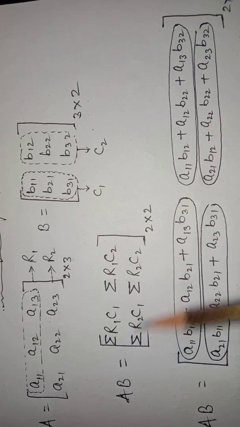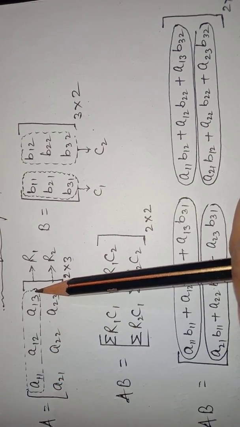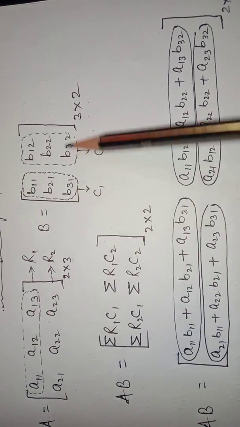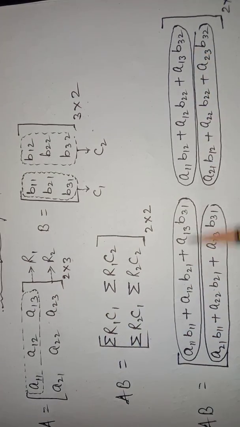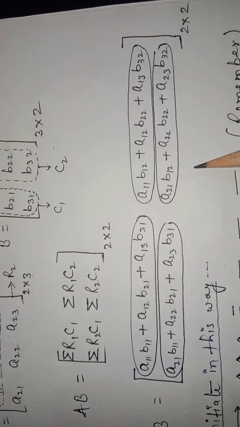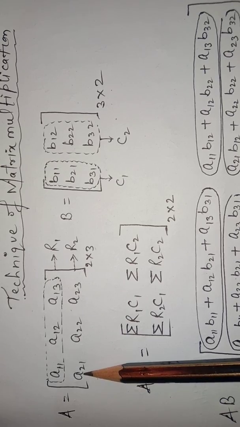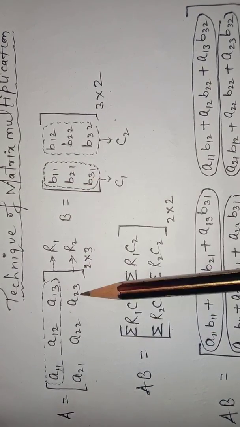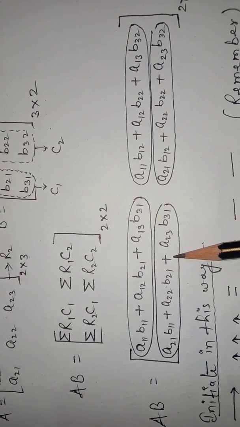So what we are doing is multiplying a single row with individual columns of the second matrix, correct? And we are getting a single row. Again you can do A21 B11 plus A22 B21 plus A23 B31 addition, you see here.